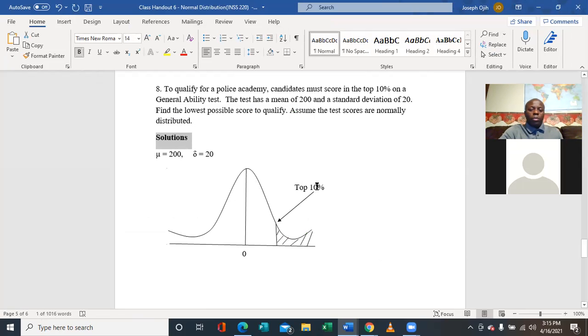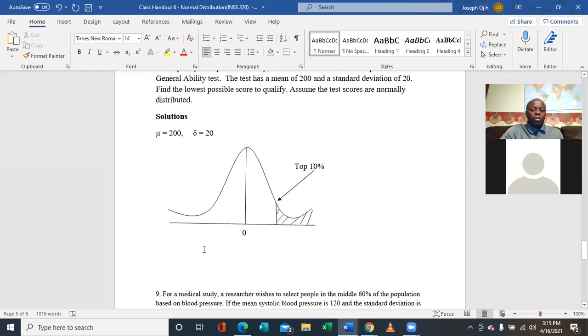So let us figure out what the z value is for this 10%. Remember I told you when it is at the tail, you subtract from 0.5. But in this case, we're doing the opposite. Actually, it's the same thing: 0.5 minus 0.1000, because 10% is 0.1.